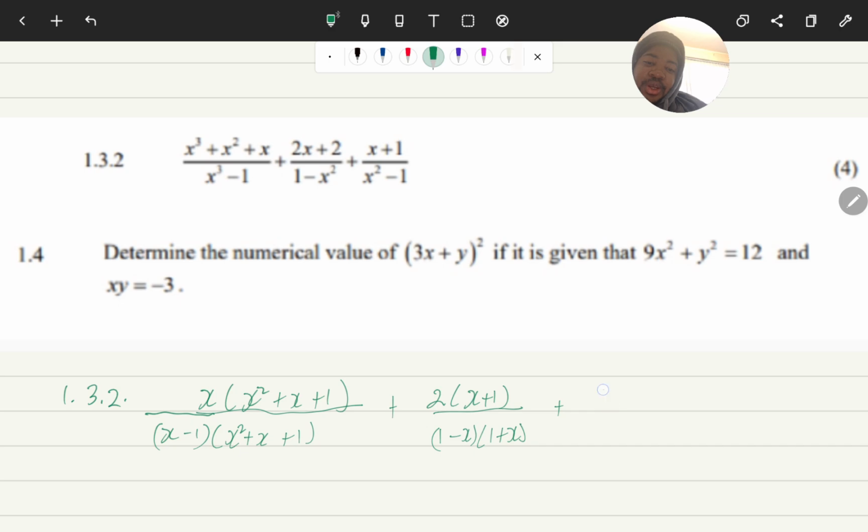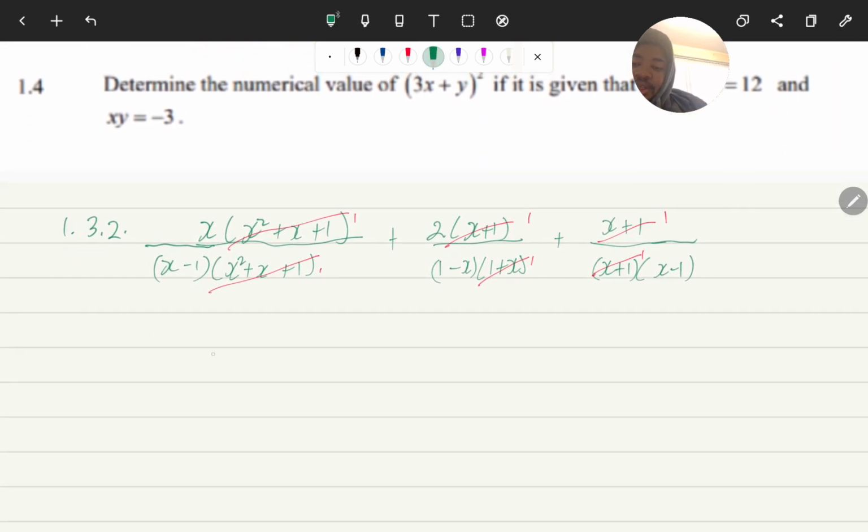And then we go again, x plus 1. And then here, difference of 2 squares also, x plus 1, right? X minus 1, right? So now numbers are going to cancel out. This divides this, this divides this, this divides this, right? I'm just going to leave a couple of ones there for the division.